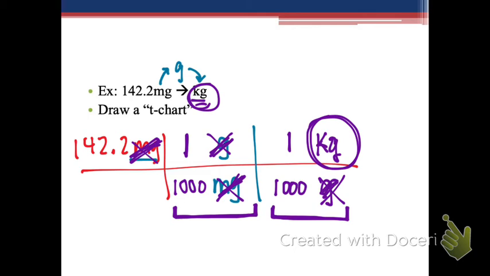Right? Because I multiply across the whole top. Do I need to plug in times 1 times 1? No. Right? I take 142, divide by 1,000, divide by 1,000, and I get either 1.42 times 10 to the negative 4th or 0.0001422 kilograms.